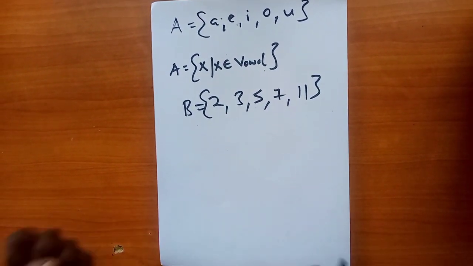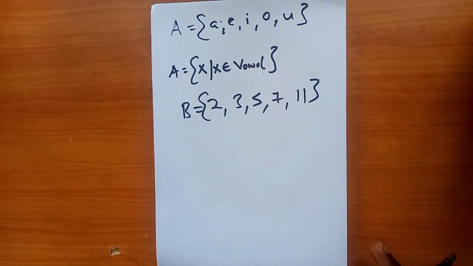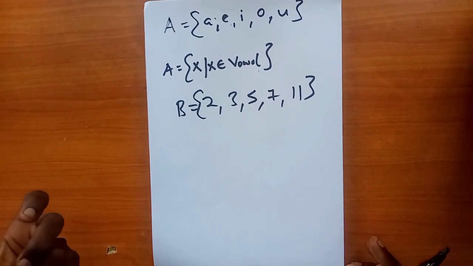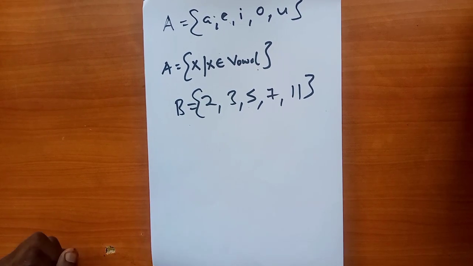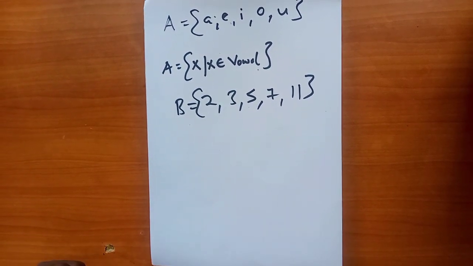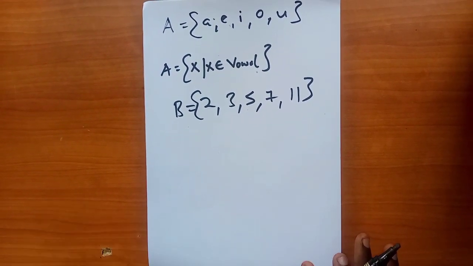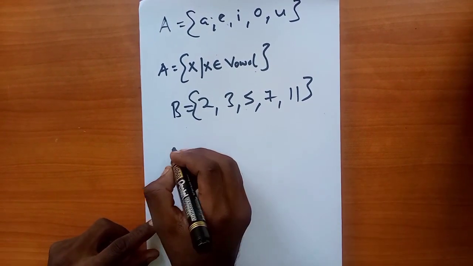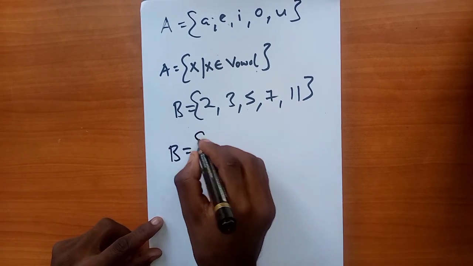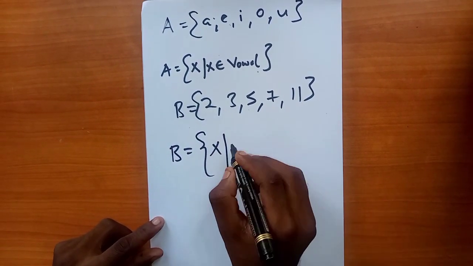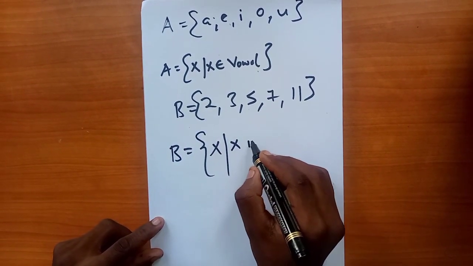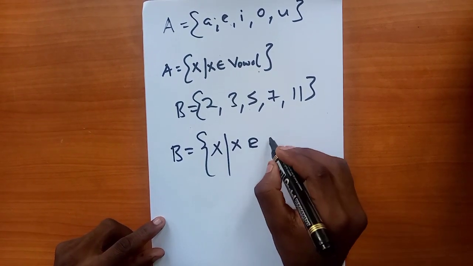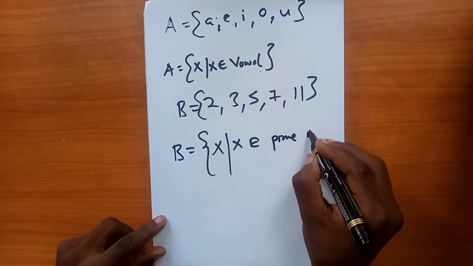If there's no pattern, if there's no way of representing a particular set in set builder notation using limits, then you use words. But in most of the questions that you're going to encounter, there's going to be a way of representing using limits. But in such instances, you simply say B is equal to x such that x is a member of prime numbers, because remember, these are prime numbers.